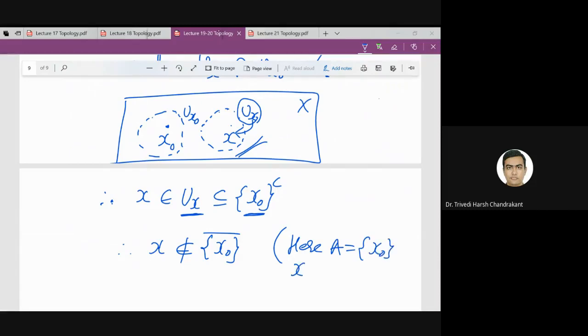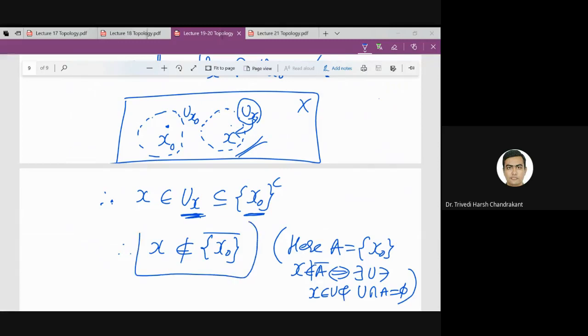We know that x is not in A closure if and only if there exists U such that x belongs to U and U does not intersect with A. So that is this neighborhood. U is Ux for this example, right? So x does not belong to A closure. That means x is not in the closure of {x naught}.